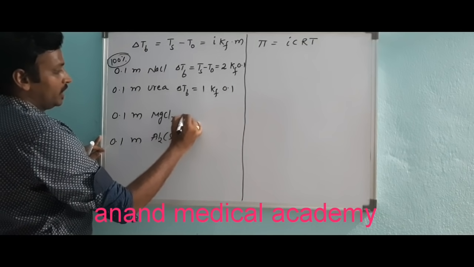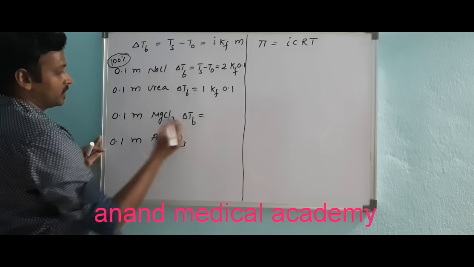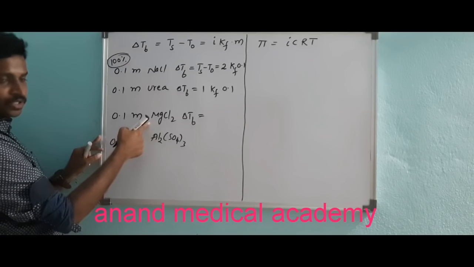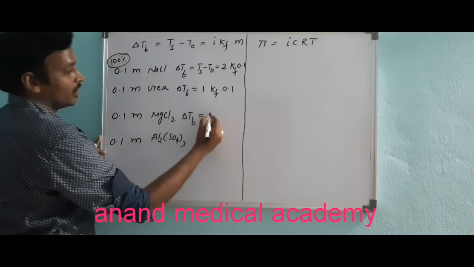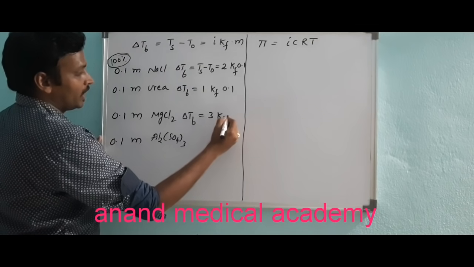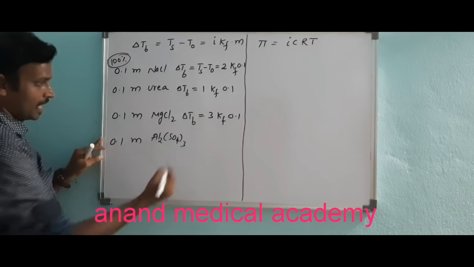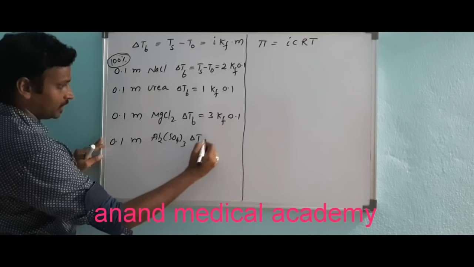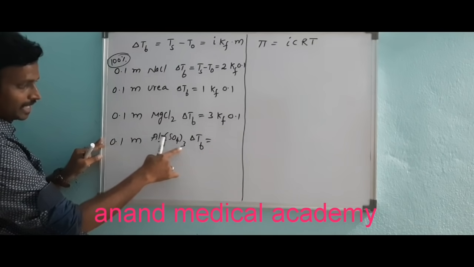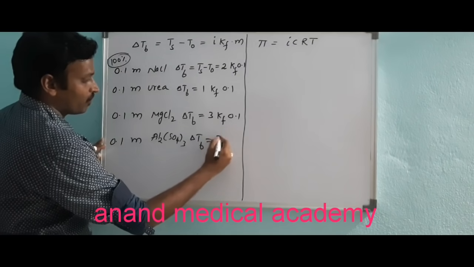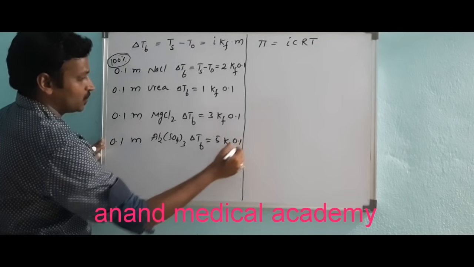Here delta Tb is equal to how many ions? Mg2 plus and 2Cl minus, 3 ions, 3 into Kf into 0.1. And here 2 ions from Na plus and 3 ions from the sulfate part, total 5. So 5 into Kf into 0.1.